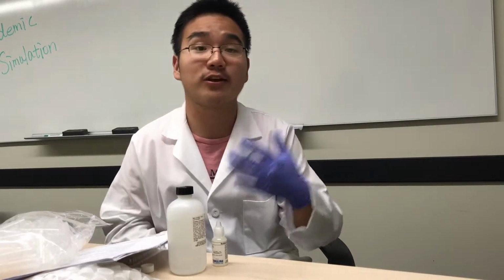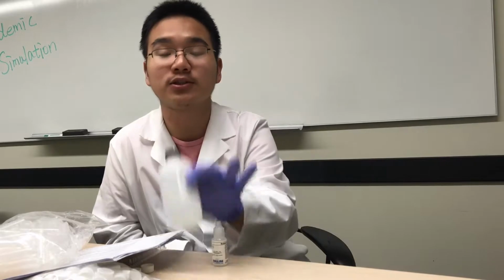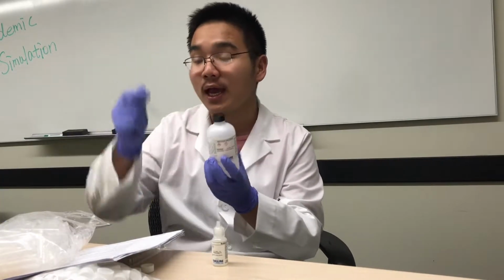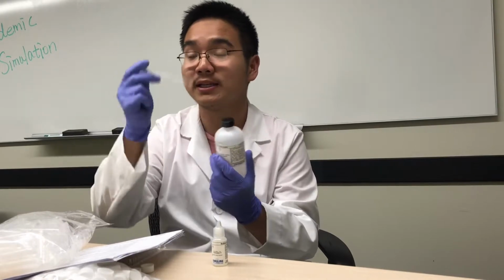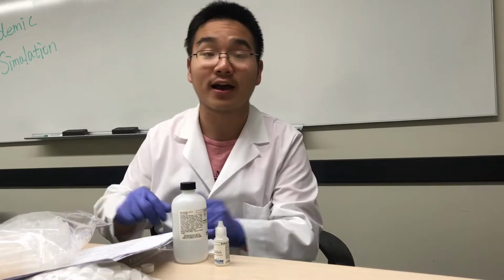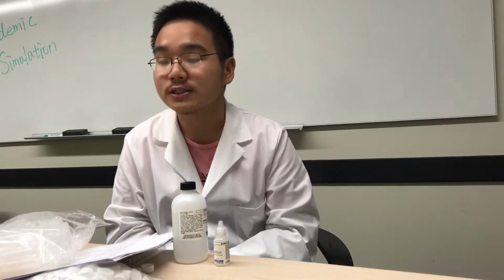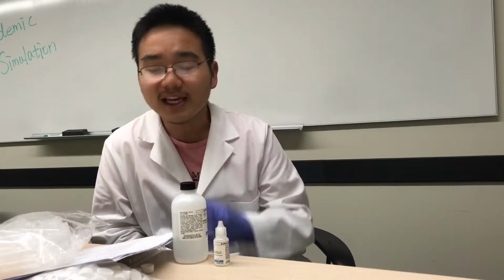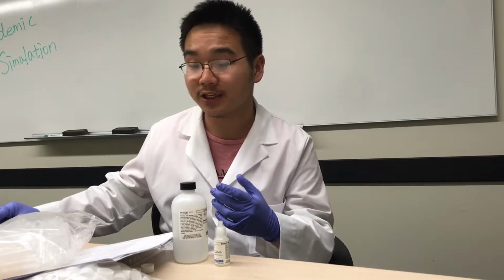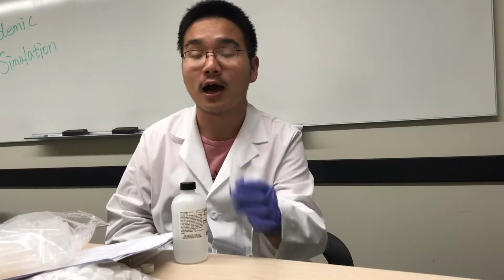In each of the other 29 vials, I placed 2 milliliters of hydrochloric acid using a pipette, and made sure I kept the vials secure. And in the affected vial, I dropped 2 milliliters of sodium hydroxide.